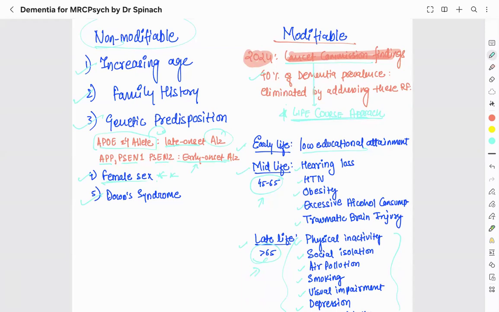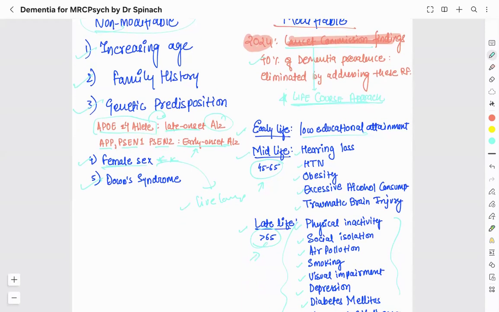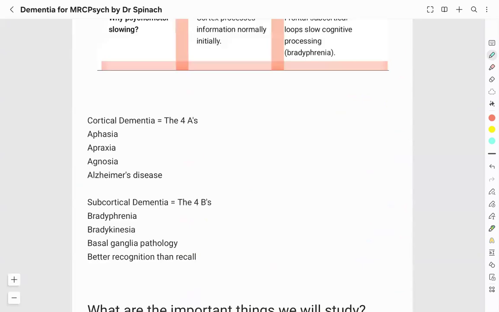The reason is that females live longer, and also after menopause, estrogen is lower, which is usually a protective factor. So with less estrogen, females are more prone to developing dementia.